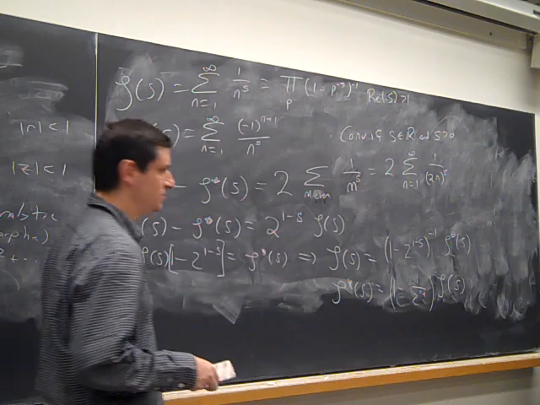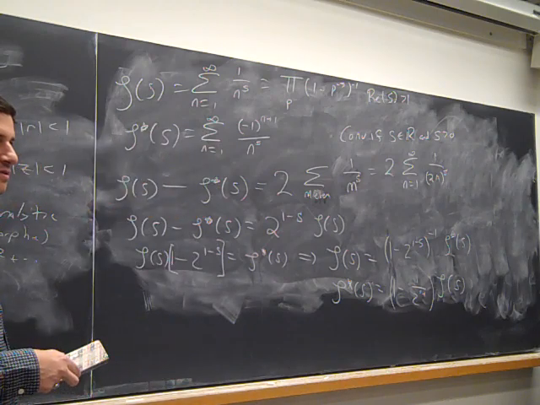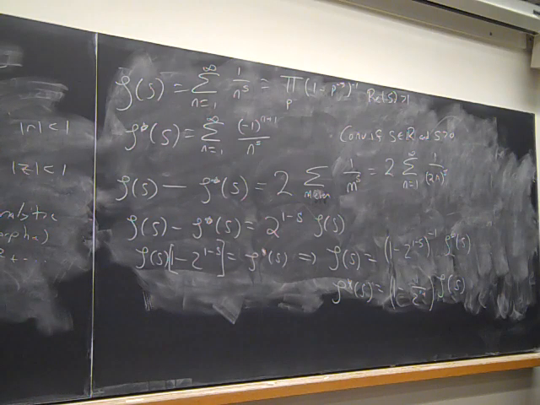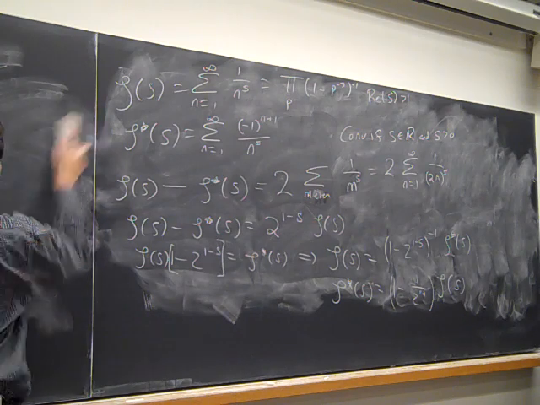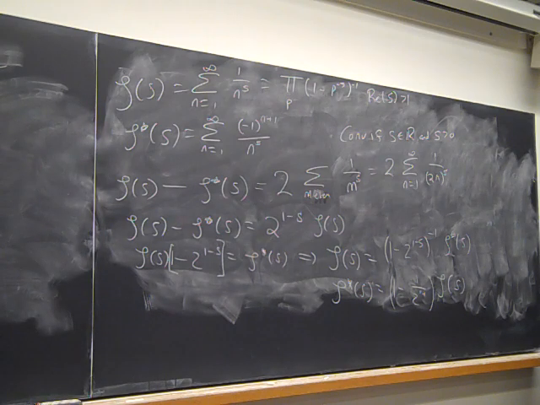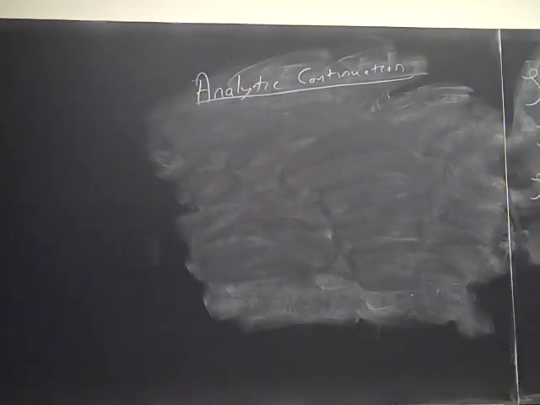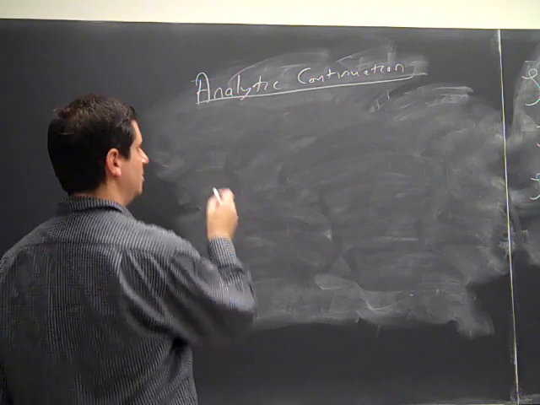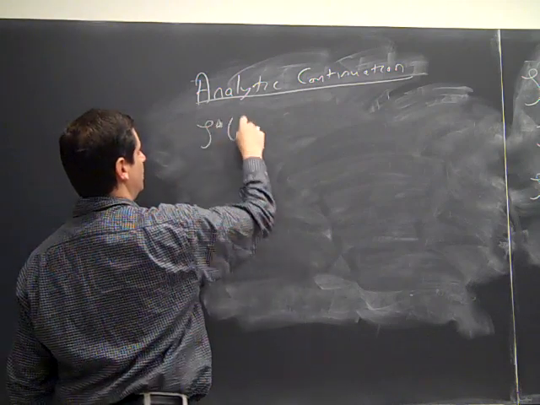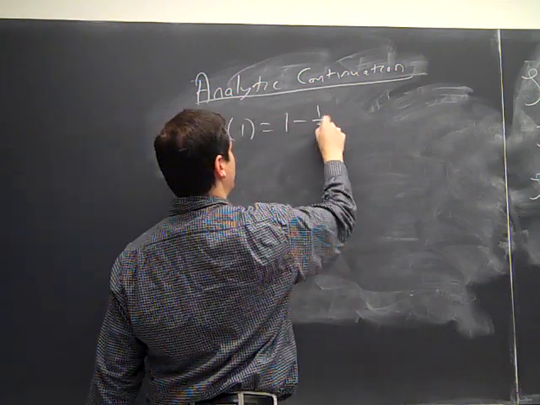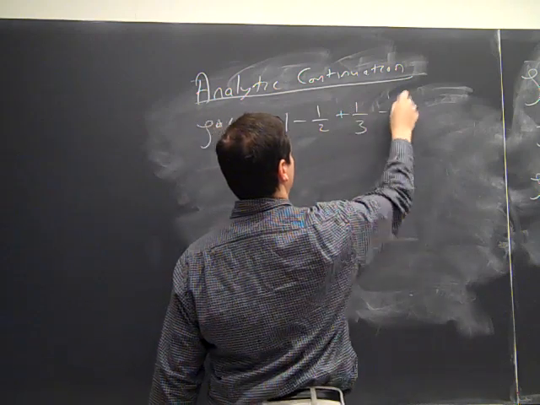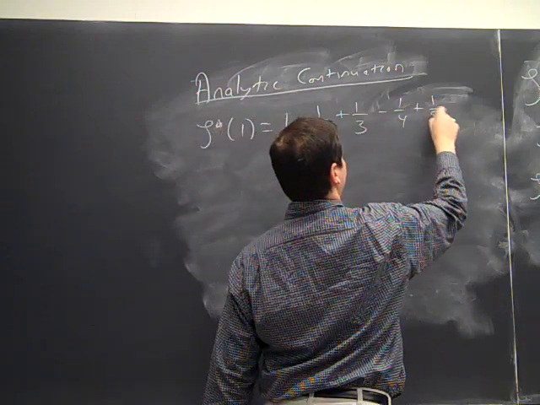So, do people want to see what zeta of 1 is from this? Curious. It's been a long time since I've done this, because the convergence here is terrible. But it's a good thing to ask. Let's see what it is. Fortunately, I recognize a friend. Zeta star of 1 is 1 minus a half plus a third minus a fourth.